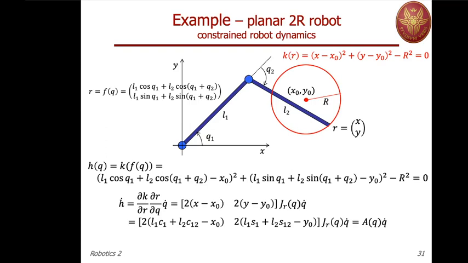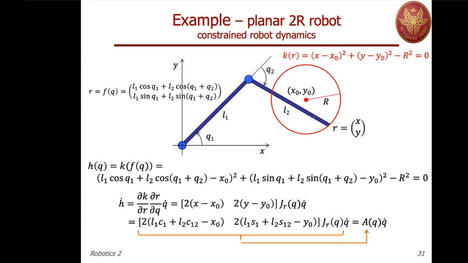And you can see that the Jacobian of the constraint, h of q, is in fact the product of two contributions: a 1 by 2 row matrix, which comes from the geometric constraint, from the circle, and the Jacobian, which comes from the robot itself.